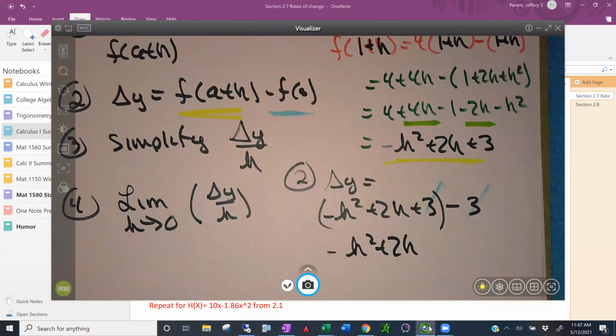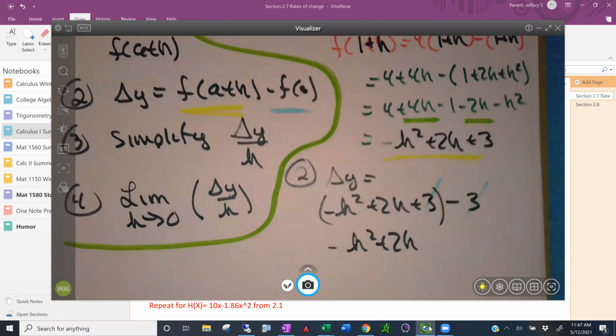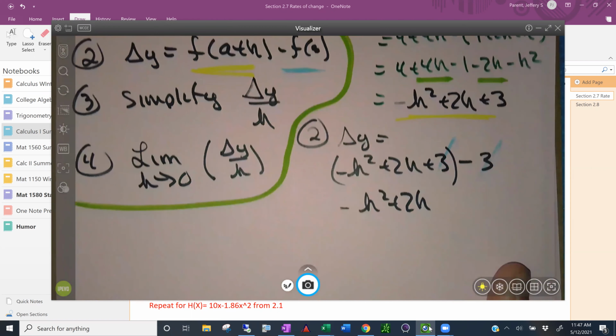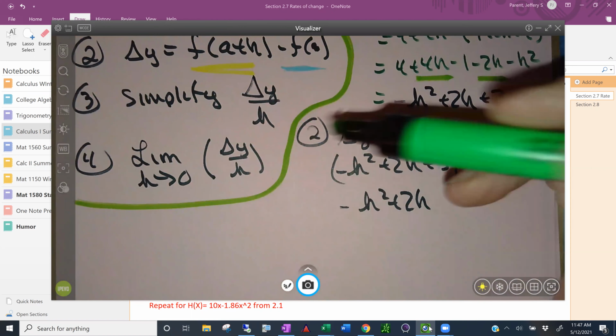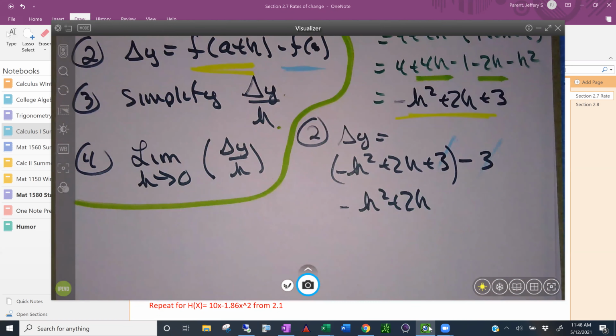And that's it. That's your delta y. What's next? What's next is we got to calculate delta y divided by h and simplify that. So that's step 3 here.